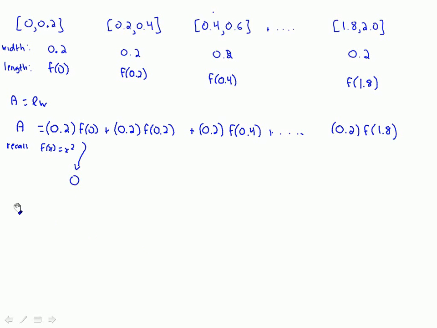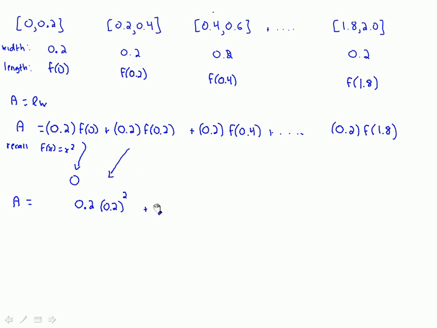So moving on, the area is going to be equal to, well, 0, but the first real one is going to be 0.2, multiplied by the 0.2 squared, because we sub in the x value into the formula, into x squared.